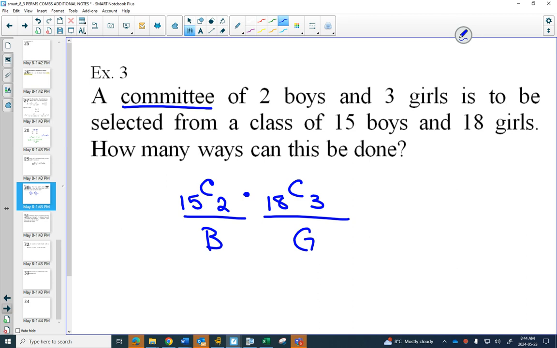Now, sometimes on a multiple choice question, they could have this on non-calculator, and on non-calculator, they would write their answer like this, seeing if you know how to use the formula.